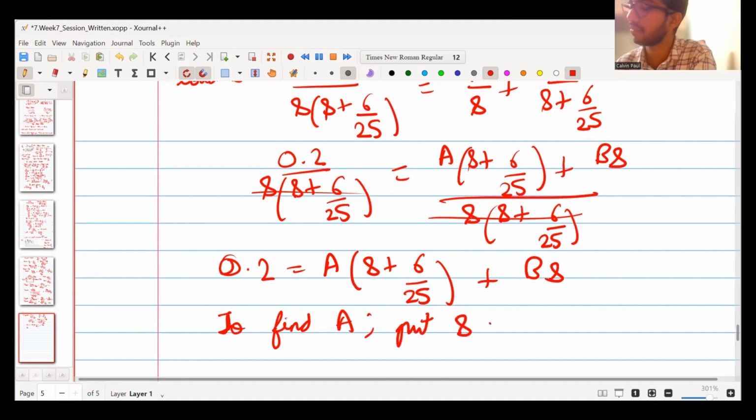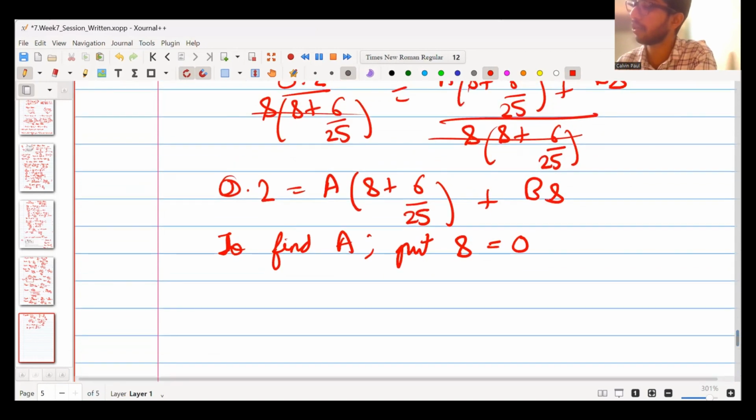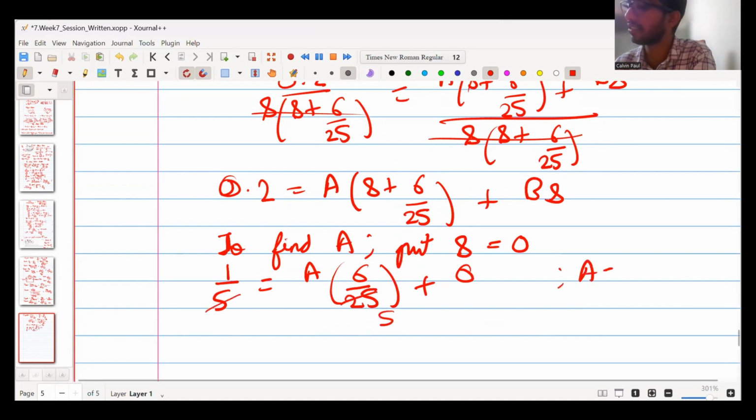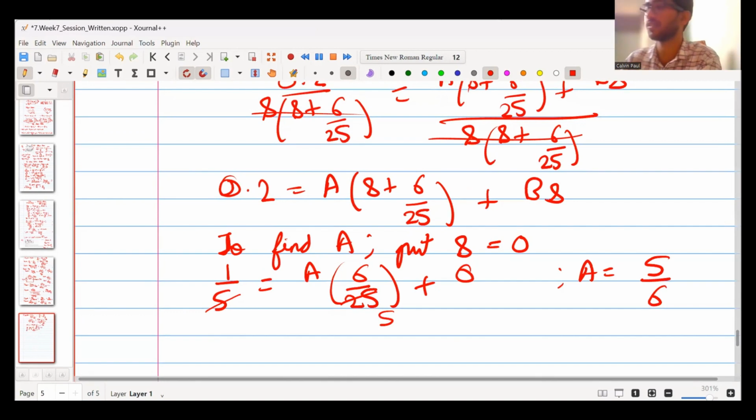S is equal to 0. So we get 0.2, which can be written as 1 by 5. So this is A into 6 upon 25 plus 0. So 5 divided by 25 is 5, so we get A is equal to 5 upon 6.